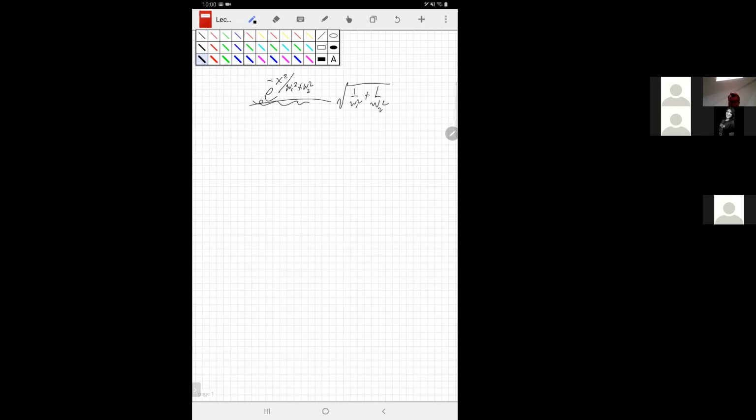I'm leaving out some details, but that was the basic structure. And then you were asked, what's the width of this convolved Gaussian? And a lot of people said this.